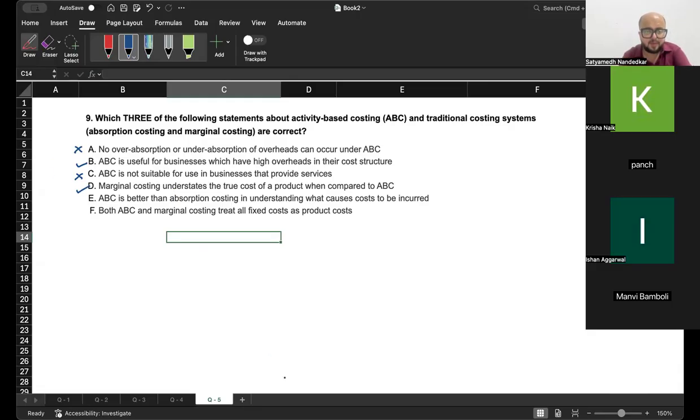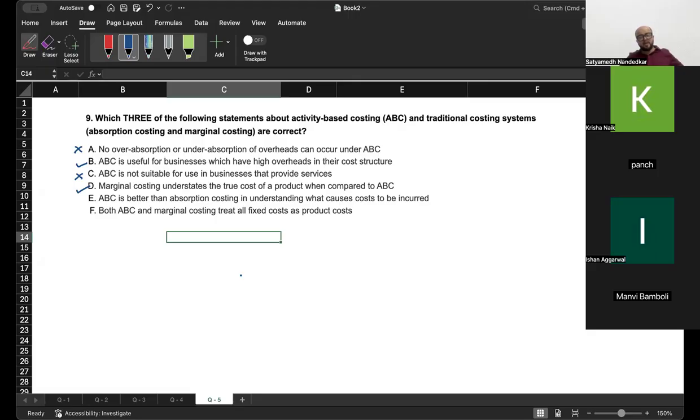This statement is right. ABC is better than absorption costing in understanding what causes costs to be incurred. Yes, because see, absorption costing simply assumes that the only way to distribute the cost is to look at the total number of units or the total number of labor hours. Something very, very basic like that.